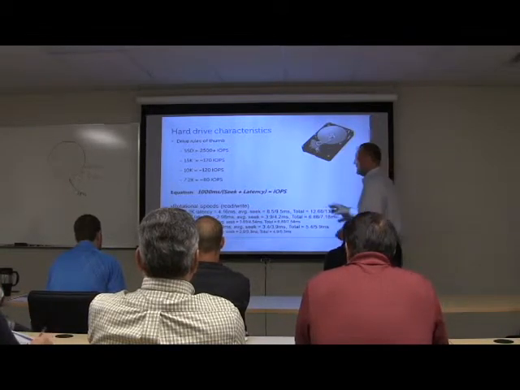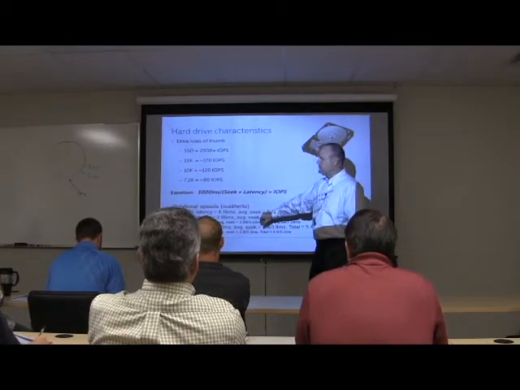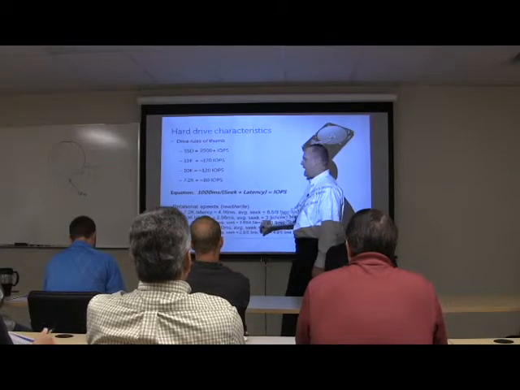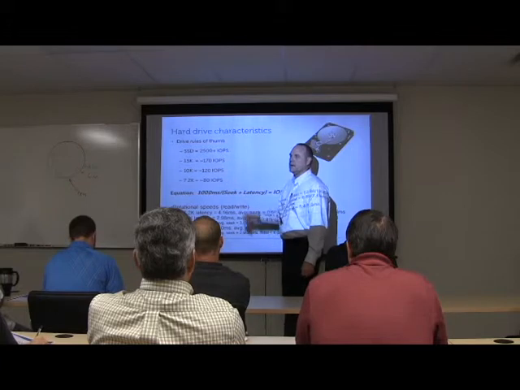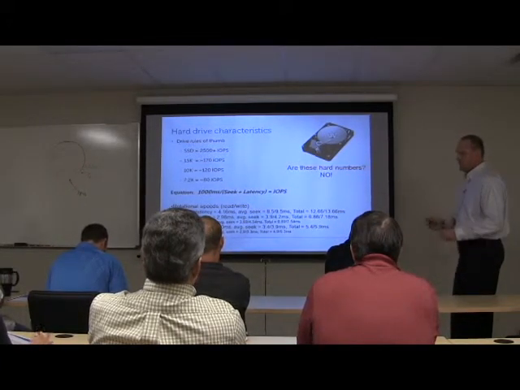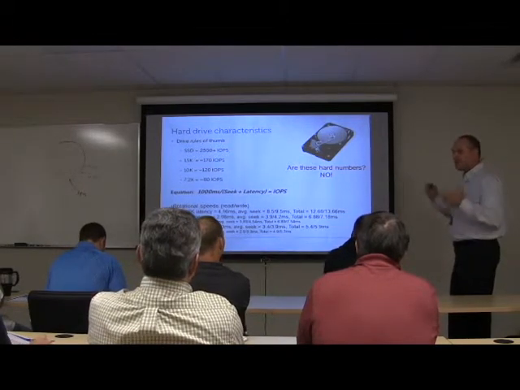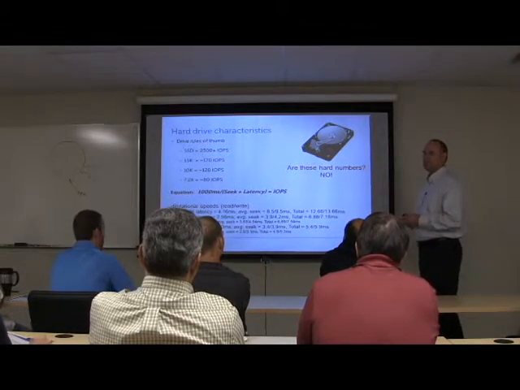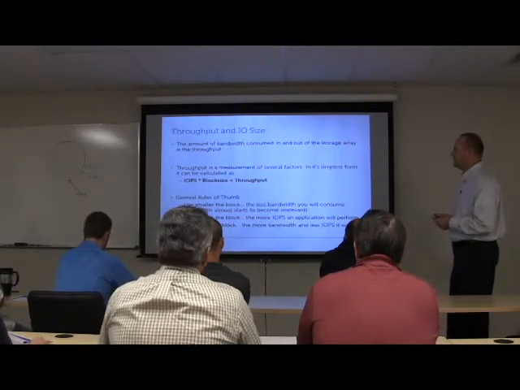The equation you use to come up with the IOPS is, you get the information that you're missing from the drive manufacturer, use this equation, and you come up with about what you're going to get on the IOPS. Are the numbers hard numbers? No. We've seen 15K drives get 300 IOPS out of a single drive. So it just depends, but these are rules of thumb that you can use.